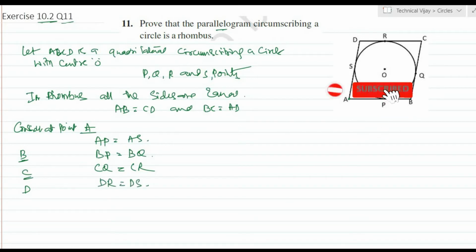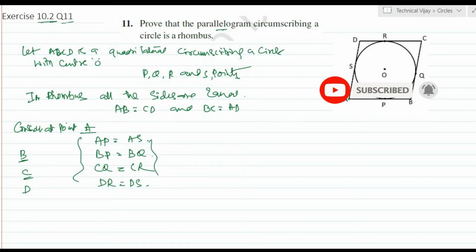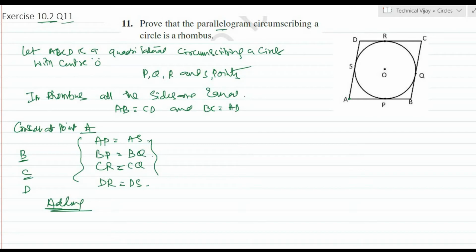Now add these, LHS with LHS and RHS with RHS. So AP plus BP plus CR plus DR is equal to AS plus BQ plus CQ plus DS.